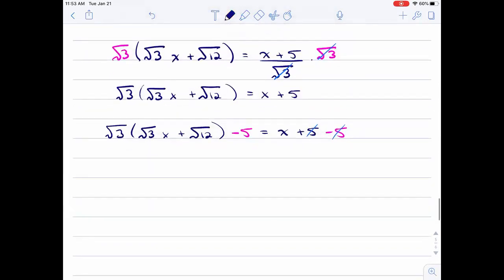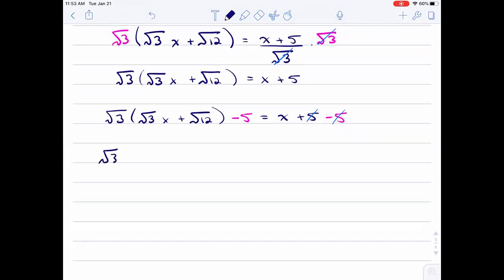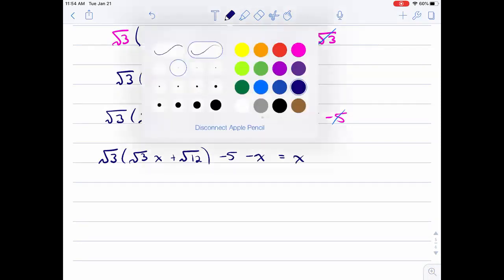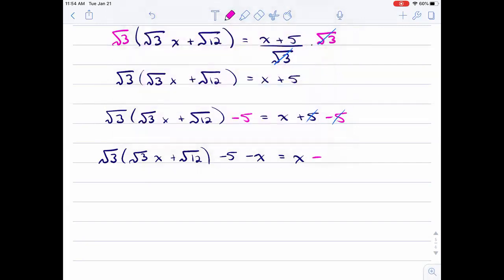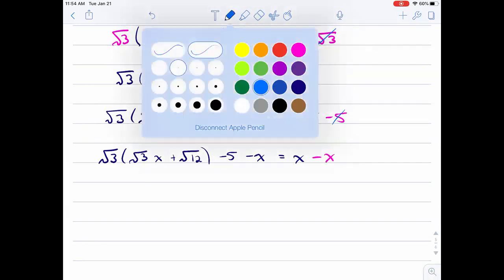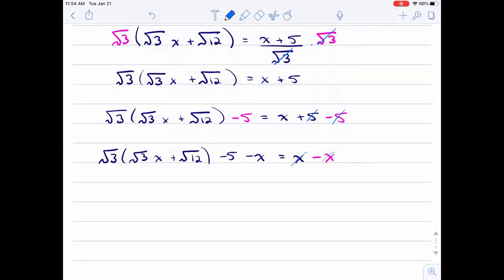Okay. Same thing with the x. We can move the x over, but x minus x, remember, gives you 0 on that side, right? And so here we've got root 3 times root 3x plus root 12 minus 5 minus x, which is going to go away.